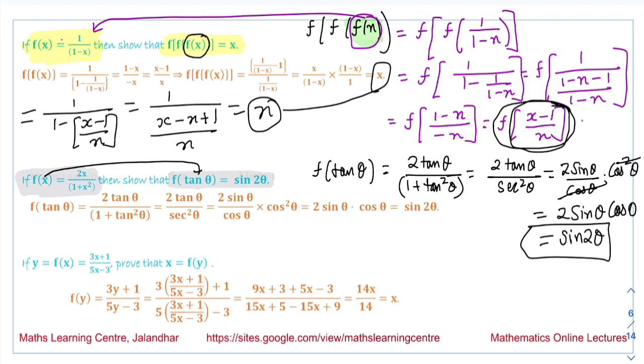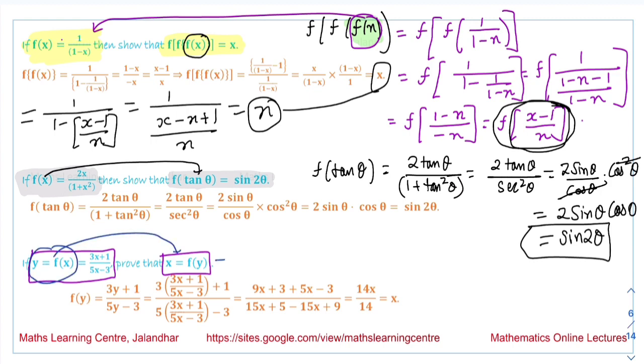Next we have, if y = f(x) = (3x + 1)/(5x - 3), we have to prove that x = f(y). So the value of y that we have from this equation is equal to f(x).